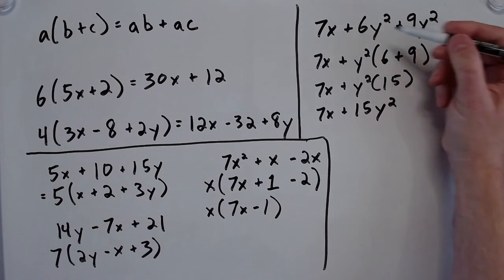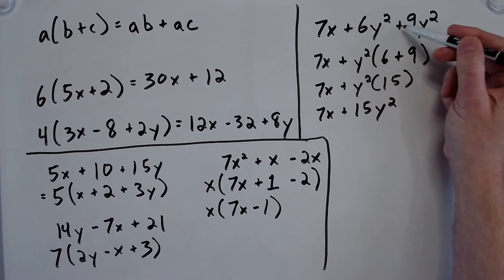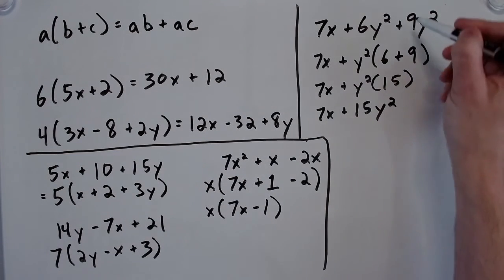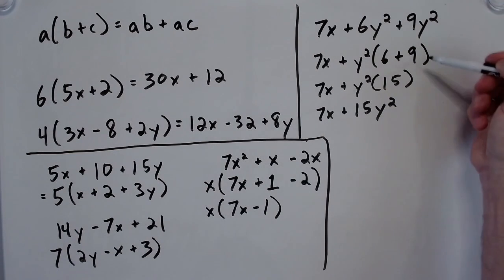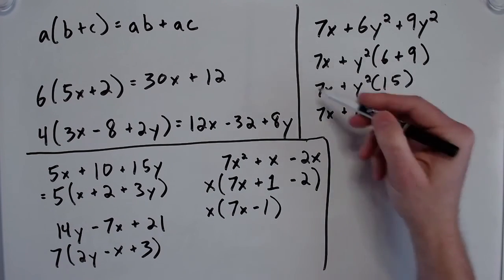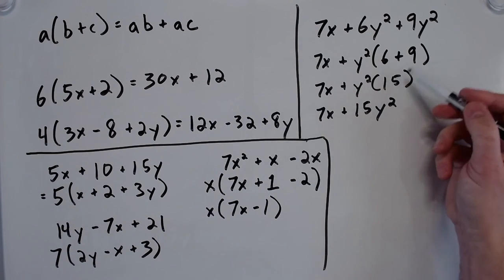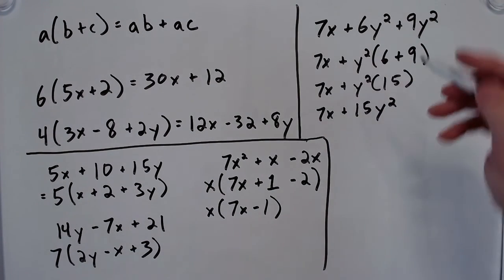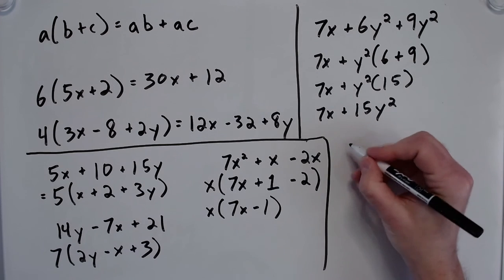And if you looked ahead, 6y squared plus 9y squared is 15y squared. So you can combine terms this way and not have to do this step. So this will be the last time that we bother showing the factoring, kind of proving the like terms idea. So let's combine some like terms without having to do all this extra math.